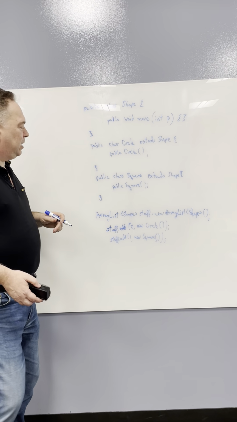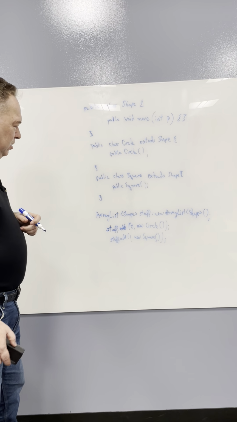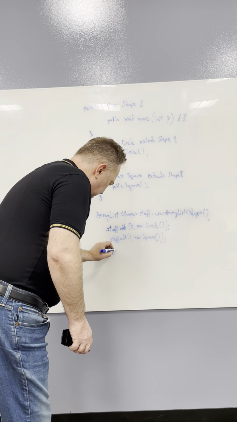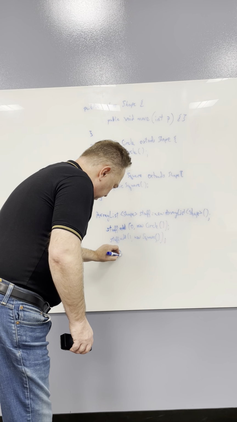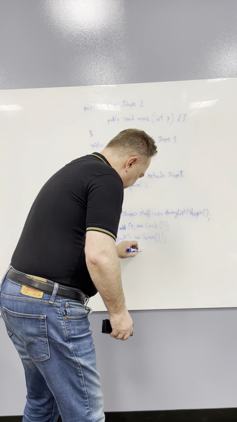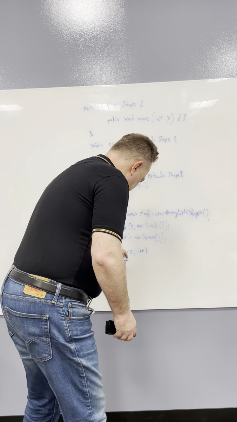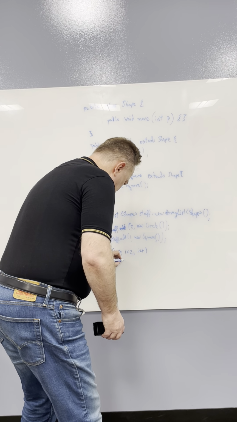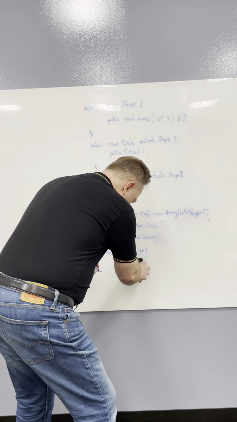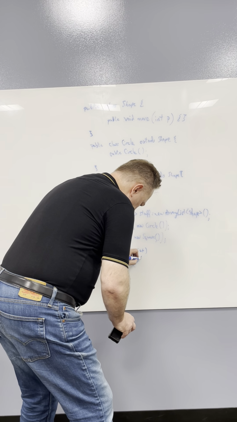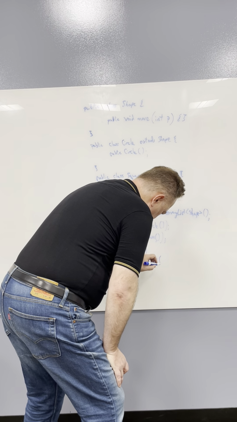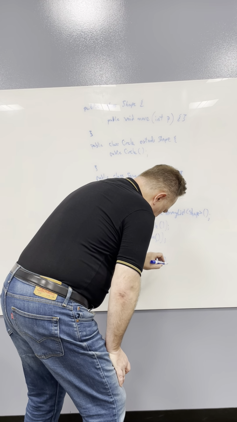Okay, so what can I do with that? Well, I can have now a loop. I can say something like for i equals 0, i is less than 2, i plus plus, stuff dot get i dot move 3.